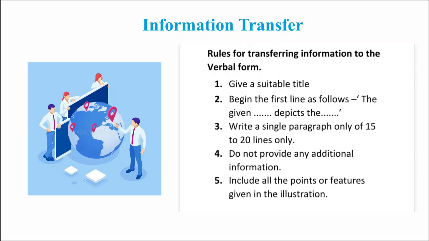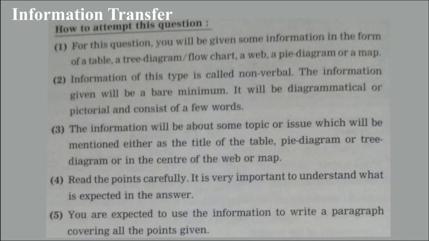You are not supposed to bring any information that is external to it. And the last point, include all the points or features that are given in the sketch or illustration. That means all the features should have a mention in your transfer of information.